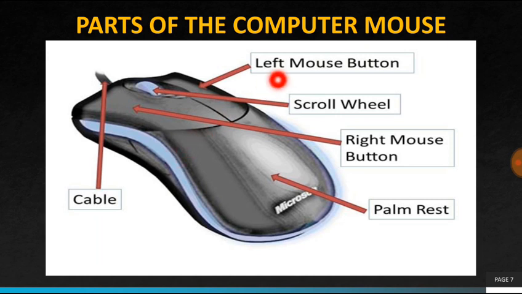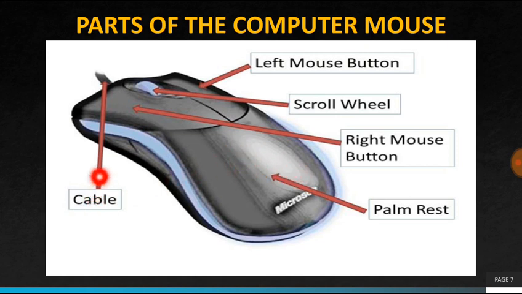The buttons have their own functions. The left button has its own function, what it is being used for. The right too has its own function. The scroll wheel has its own function, what we can use it for. But for the palm rest, that's where we have our palm resting whenever we hold the mouse.